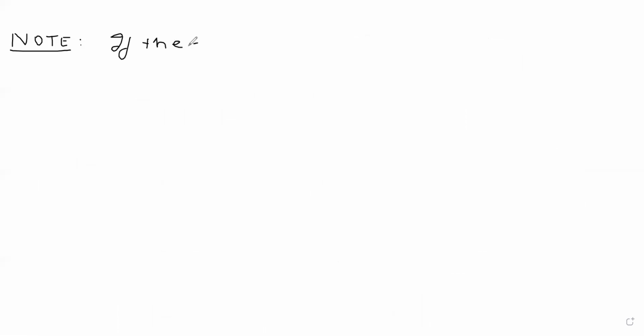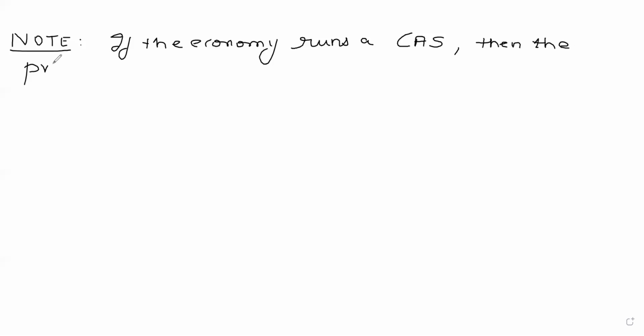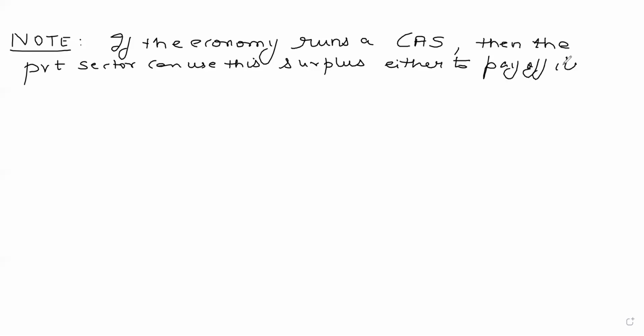If the economy runs a current account surplus, CAS, then the private sector can use this surplus either to pay off its debt or to buy assets abroad.